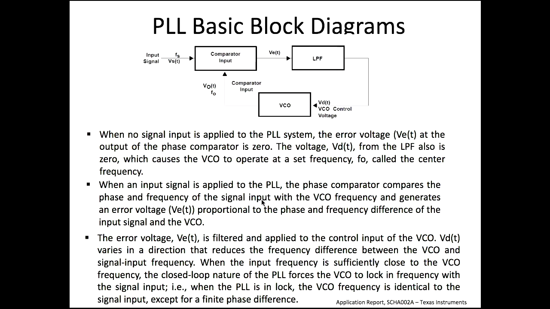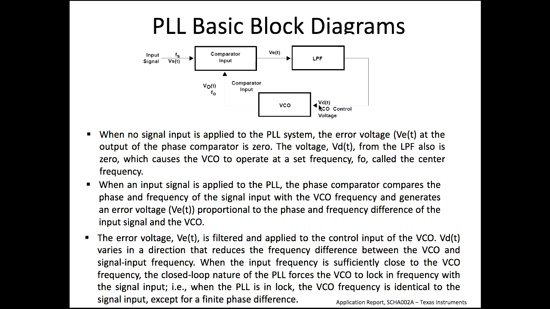So when the input signal is applied to the PLL, the phase comparator compares the phase and frequency of the signal input with the VCO frequency and generates an error voltage. This error voltage is proportional to the phase and frequency difference of the input and the VCO. This error voltage VE is filtered using a low pass filter and applied to the control input of the VCO.